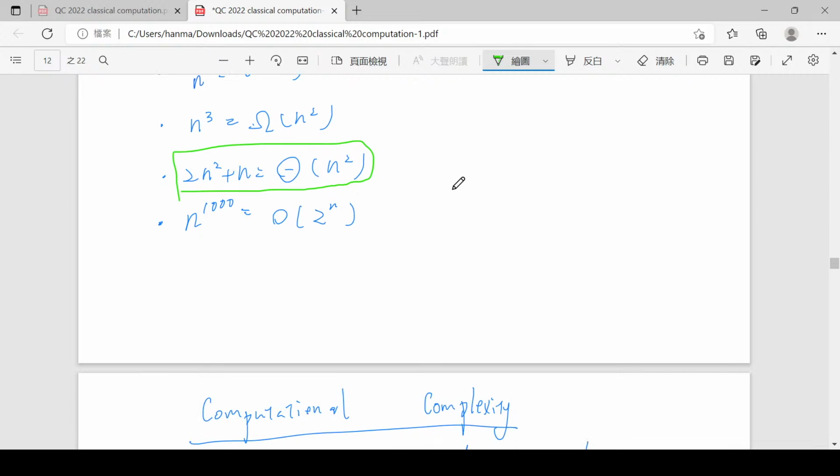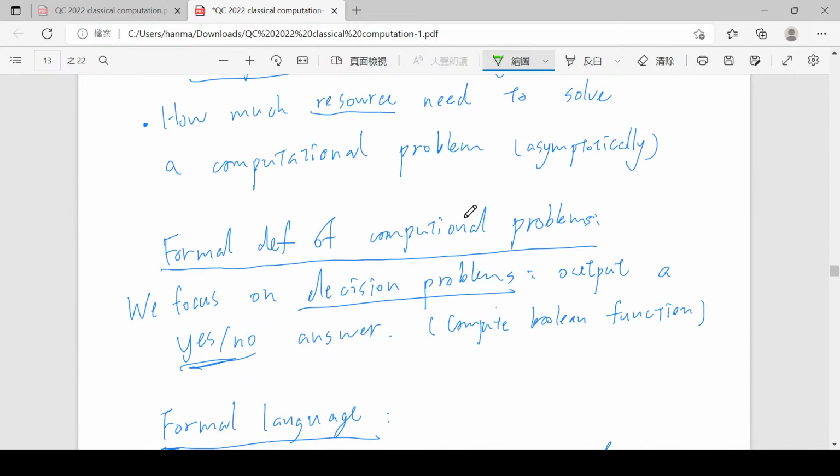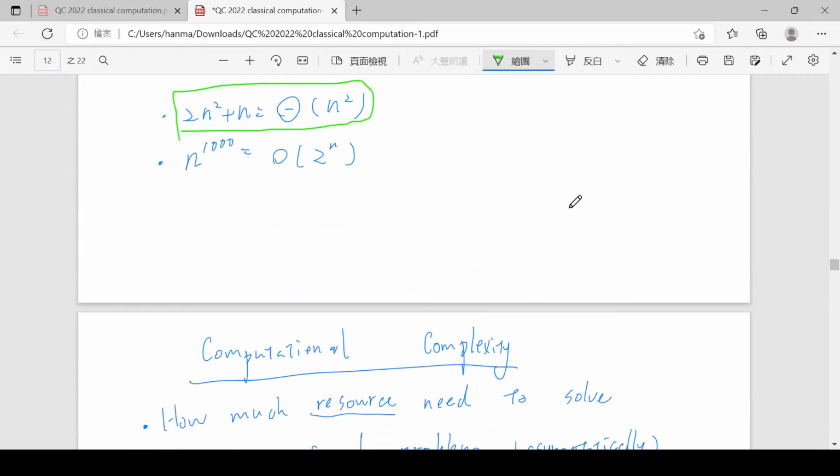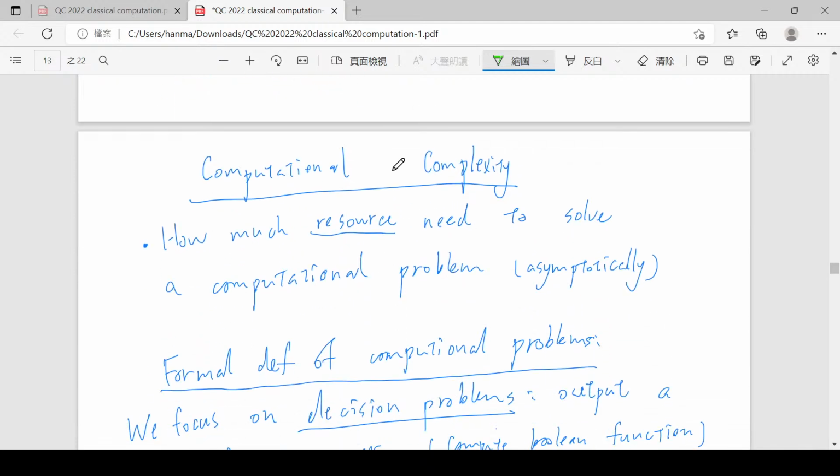Okay, if not, we have 20 minutes. So we can talk a bit more about computational complexity. Computational complexity is a big part of computer science, and it is a part that I personally am really interested in.